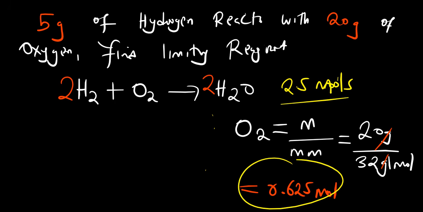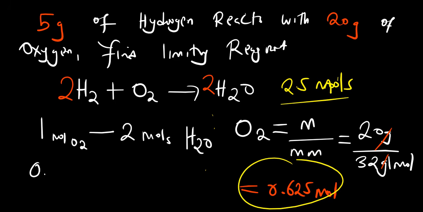So we said 1 mole of oxygen is equivalent to 2 moles of the product, water. Now 1 mole of oxygen in the reaction gave us 0.625 moles. What about the other part? I'm just going to put x.